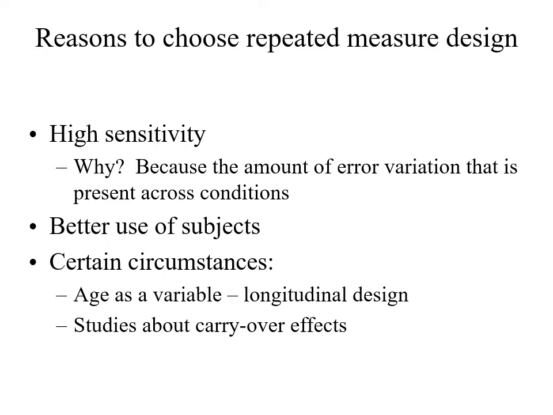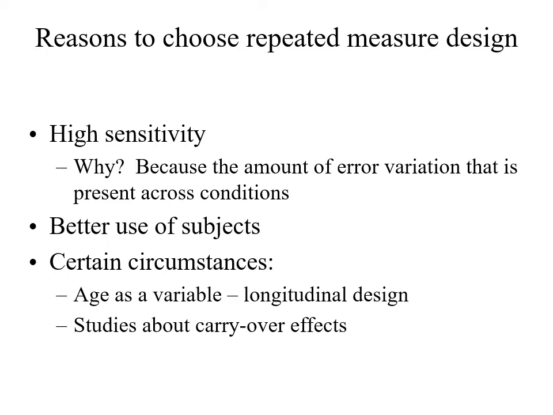And then the problem is that you don't know if the differences you're seeing between the conditions are really due to the manipulation or due to subject variability. You don't have this problem in repeated measure design or within groups design. And so that's the first reason.